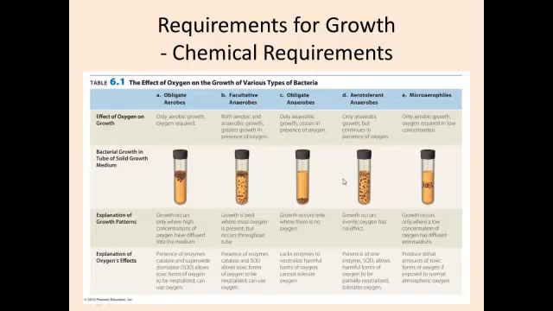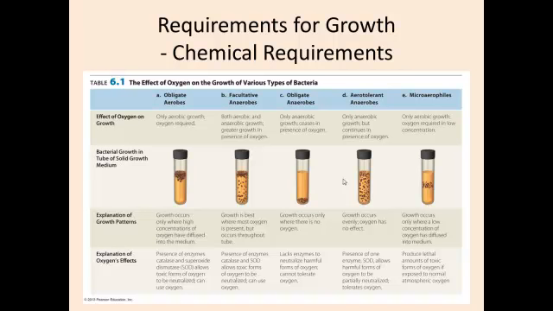Let's go back to oxygen. We think of most things needing oxygen, especially after chapter 5, when after we go through the electron transport chain, we get a whole bunch of ATPs by running NADH and FADH2s through the electron transport chain. So why wouldn't you want to grow in oxygen and get all of those ATPs? Well, it all depends upon what enzymes you have.